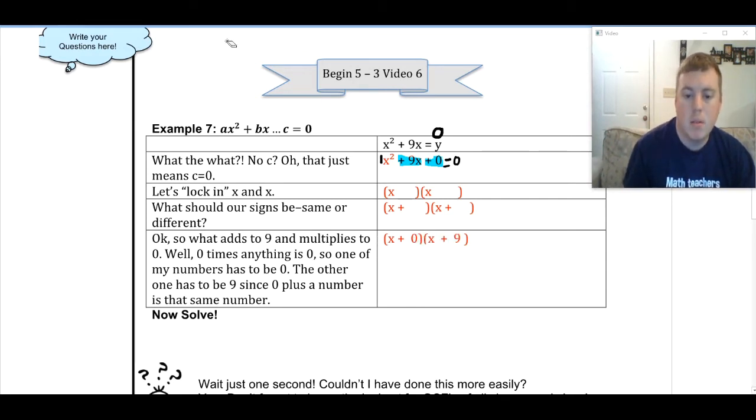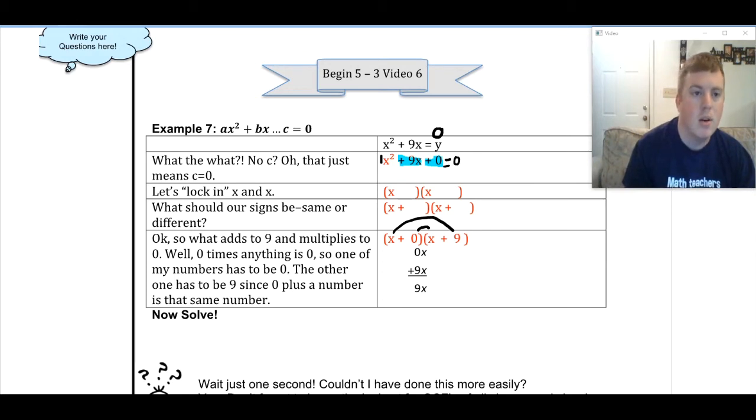We're going to plug in x plus 0 and x plus 9. And when we multiply this out to check, we do 0 times x, and that gives us 0x. And we do the x times the 9, and that gives us 9x. And when we add those together, it gives us the 9x term that we have in the middle.